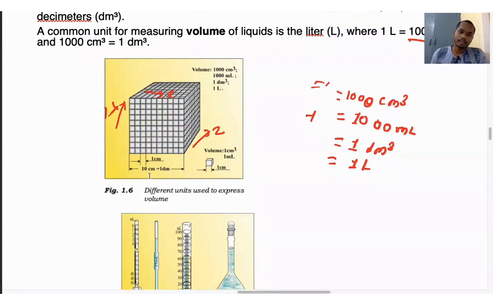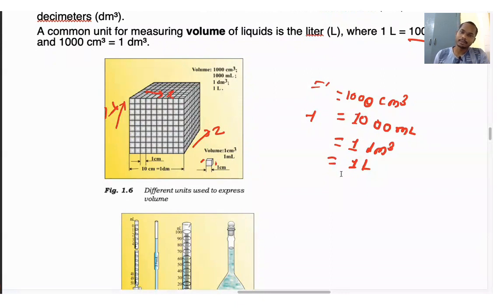We know that 10 centimeter is equal to 1 decimeter, and 1 centimeter is a small part of this. Here you can see different units used to express volume.